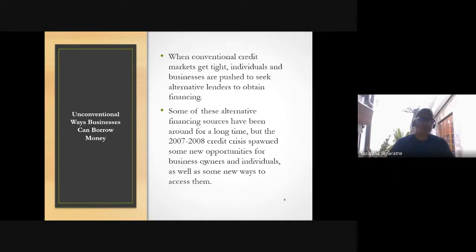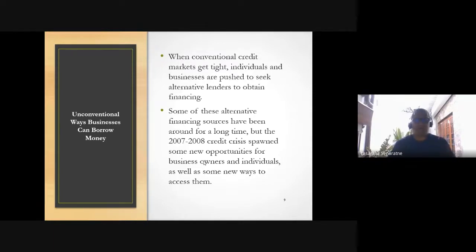Right. Now, unconventional ways a business can borrow money. There are conventional and unconventional methods. When a business can't borrow from banks or through equity, they will go for unconventional things.